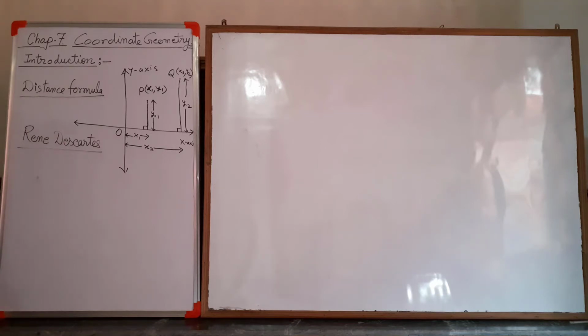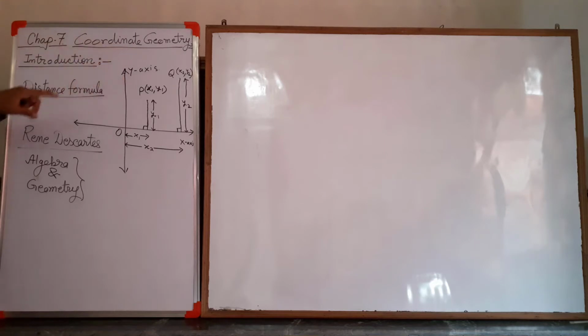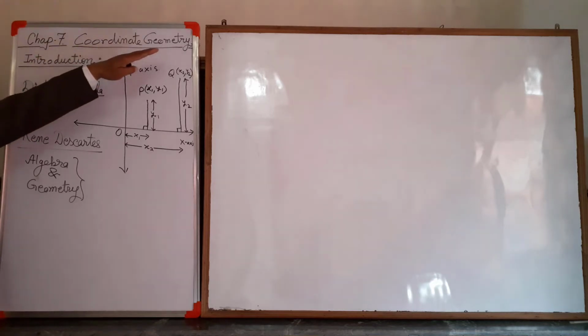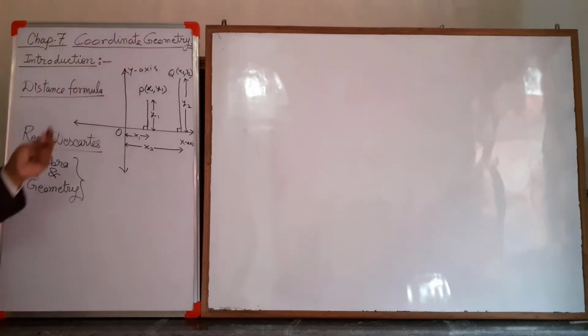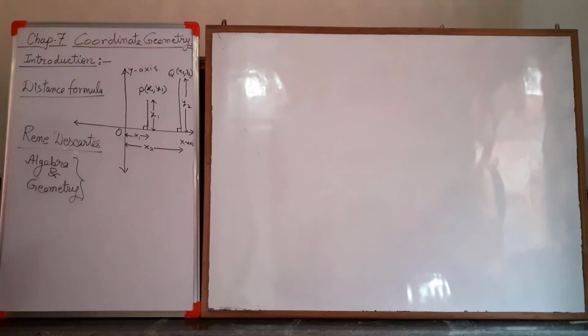With coordination of two branches of mathematics, one is algebra and another is geometry, this branch of mathematics is derived. Its name is coordinate geometry, because with the coordination of algebra and geometry, this new branch was made by René Descartes.